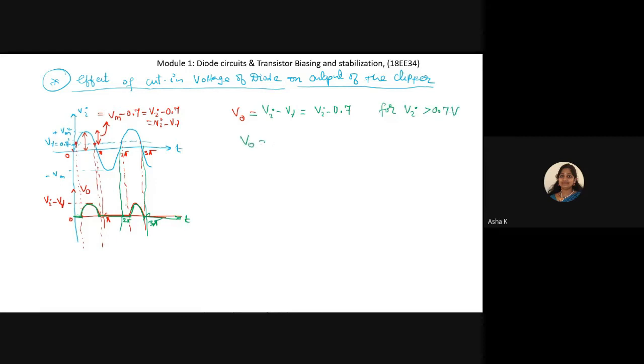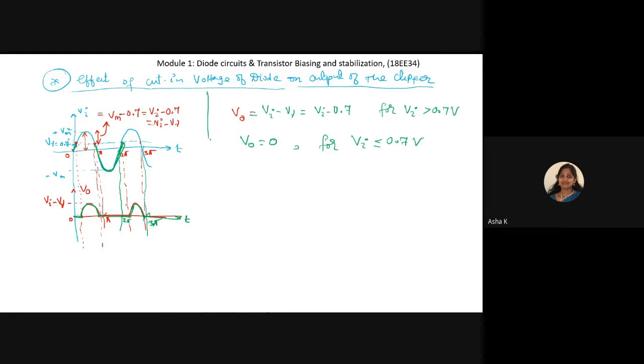Then V output is equal to 0 for V input which is less than or equal to 0.7 volts. For the input waveform values which are less than 0.7 volts, the output voltage will be 0.